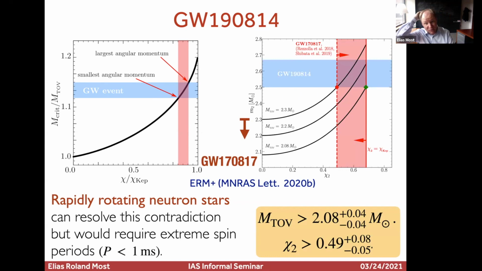What this is telling you is that you can ask the simple question: if I can support at most 20% more, but the lower error bound on 1908-14 is 2.5, I can just divide it by 1.2, and I get that my most massive neutron star must at least be 2.08, right? That's the first conclusion. So if you actually had a rotating neutron star in there, this sets a lower bound on the maximum mass, which is interesting because that's the first time that you can actually set a lower bound. Again, you have to believe it's a neutron star, which will turn out to be a little bit more complicated, but that's roughly the idea.